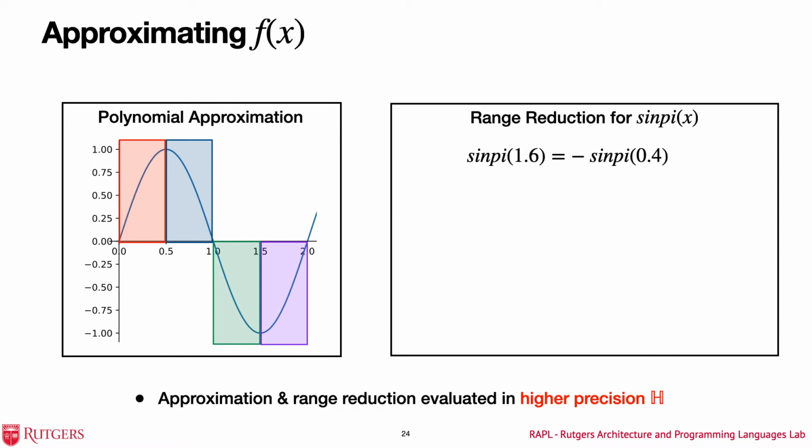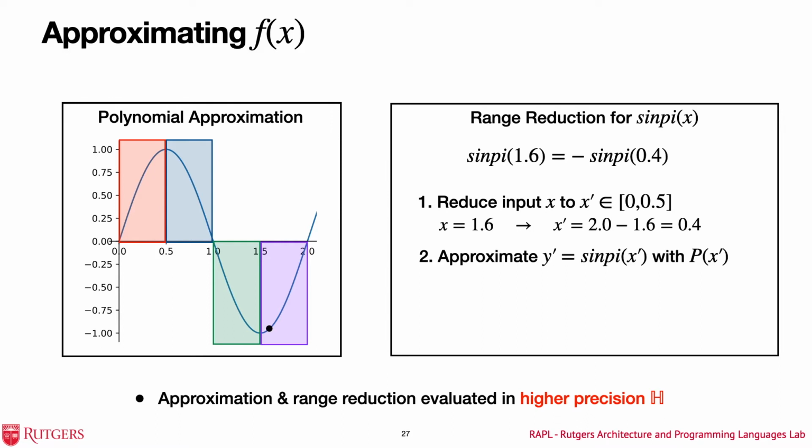Consider an example with input 1.6. Using trigonometric identities, sine pi of 1.6 can be computed with minus sine pi of 0.4. So we can first take the input 1.6 and reduce it to the reduced input 0.4. And then we can use a polynomial to approximate sine pi of 0.4. The result of the polynomial approximates the reduced input instead of the real input.